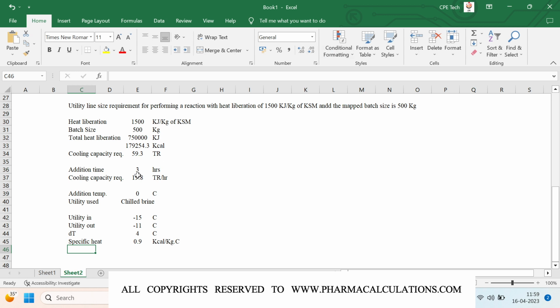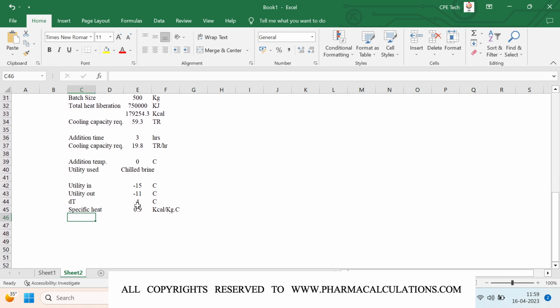So we know the cooling capacity required. This is nothing but a demand from the process, and we are going to neutralize this using the available utility. So we are going to equate this cooling capacity requirement to the utility flow rate, and the utility supplied is nothing but M Cp delta T. So we need to perform energy balance by equating demand and supply.